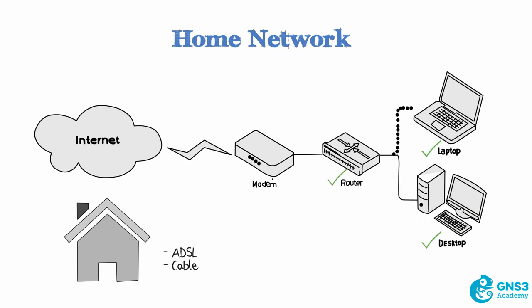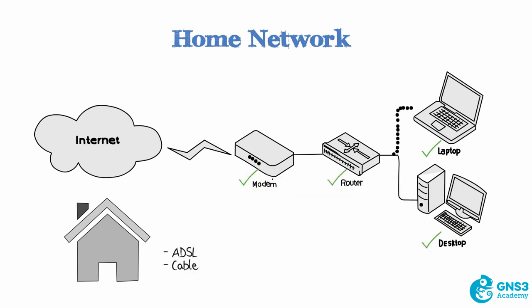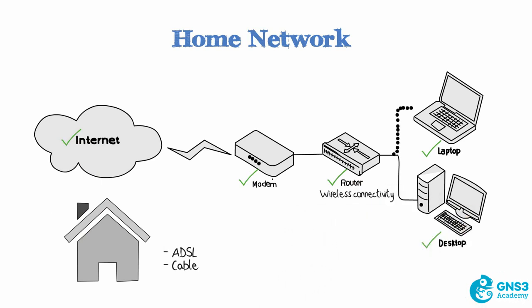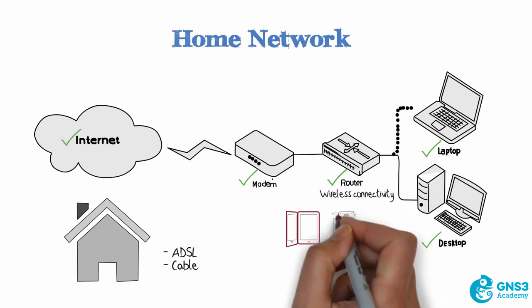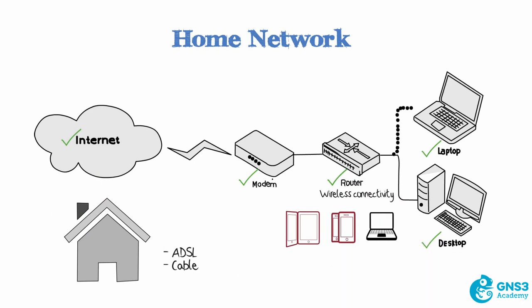You may have an ADSL router connecting to a modem or directly to your internet service provider or ISP. That router may provide wireless connectivity so that you can access the internet from your iPad or iPhone or a laptop anywhere in your house, or it may have a wired connection where you physically cable a PC such as a desktop into the router.